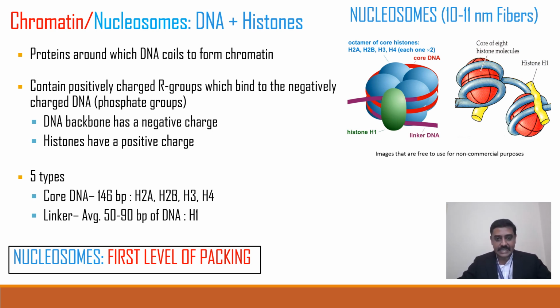The histone proteins are generally positively charged, and the DNA, due to the presence of the phosphate backbone, is negatively charged. This results in an interaction between the DNA and the histones.